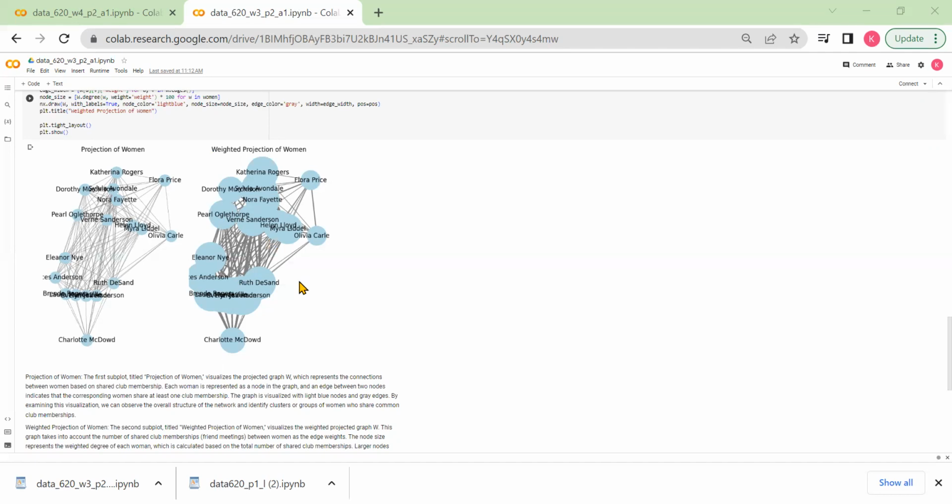The node size represents the weighted degree of each woman, which is calculated based on the total number of shared club memberships. Larger nodes indicate women with a larger number of shared memberships, reflecting stronger ties or closer relationships within the network. The edge width represents the weight of the connection, indicating the frequency or intensity of shared club memberships between women.